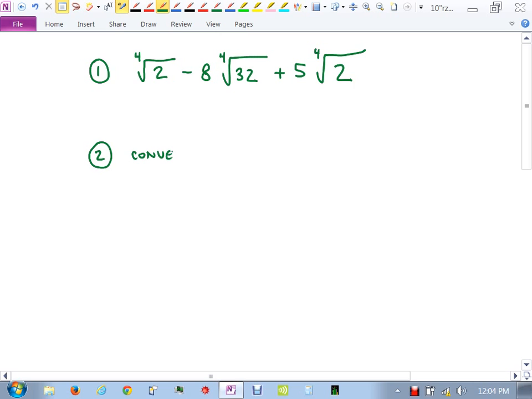Convert to rational exponents. And I'll give you a couple here. Square root of 17.